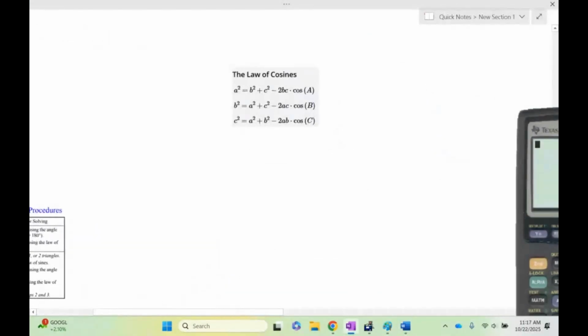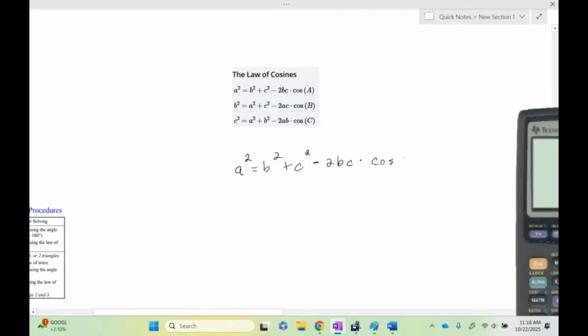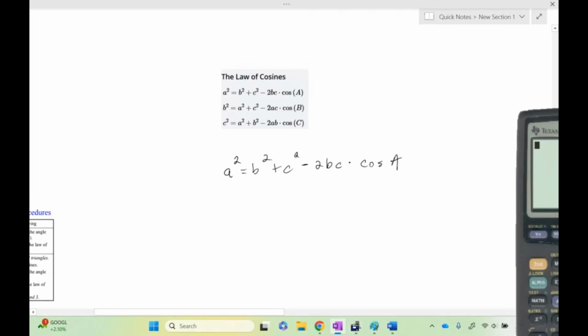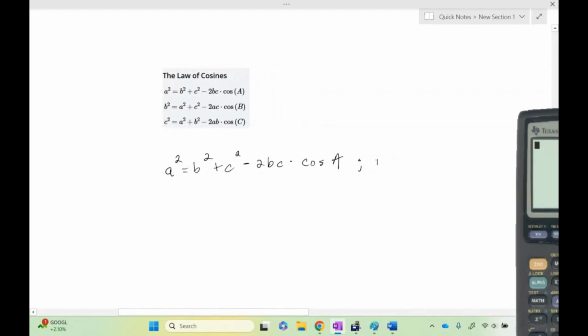This first formula: a squared is equal to b squared plus c squared minus 2bc times the cosine of A. And we're going to solve for A. So the first thing I'm going to do is push everything that's not attached to A to the other side.